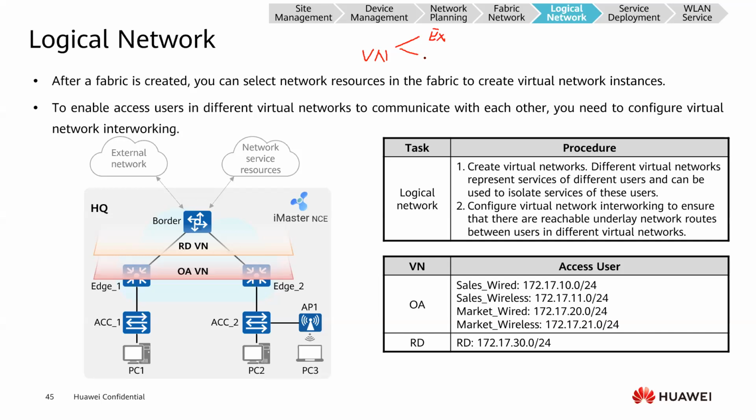Also, the network service resources that the VNs can access, for the DHCP, for the email. And also, you need to tell the VNs which specific user network segment can access which specific VN. So for the logic network step, you need to consider these three things.